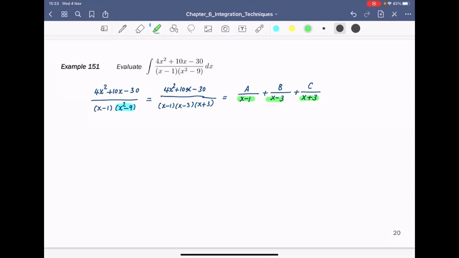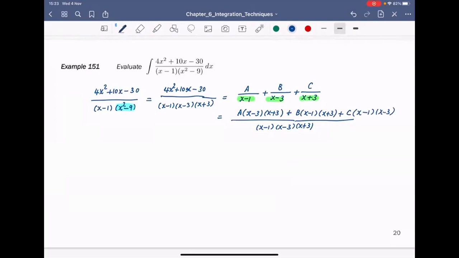So here, when you solve for the constants, let's look at my technique. I'm going to try to find the common denominator first. Once I find the common denominator, I'm going to do A times (x minus 3)(x plus 3), plus B(x minus 1)(x plus 3), plus C(x minus 1)(x minus 3).